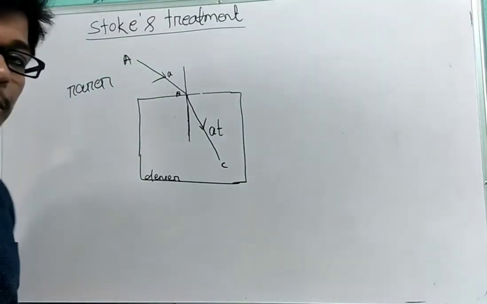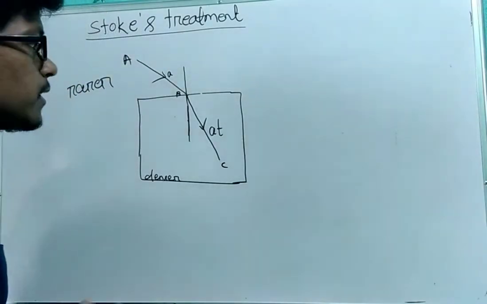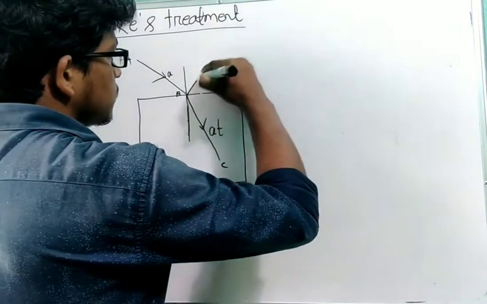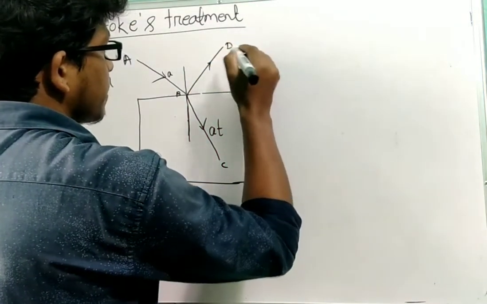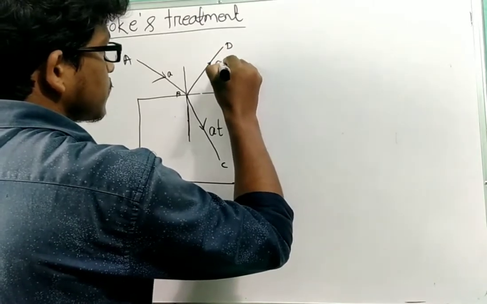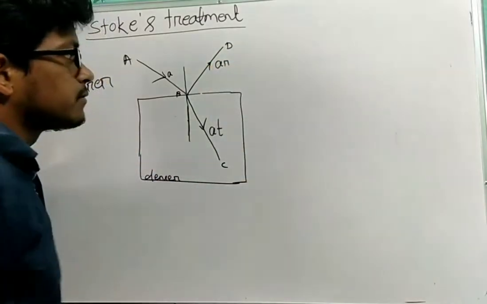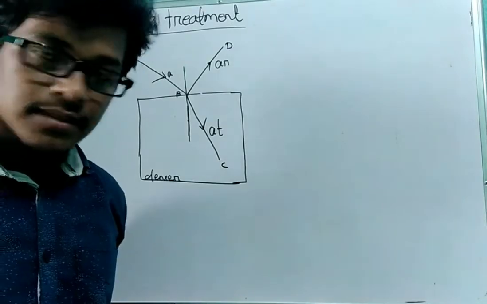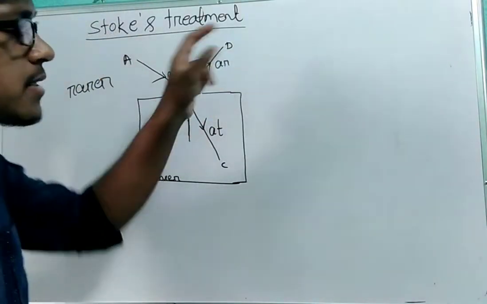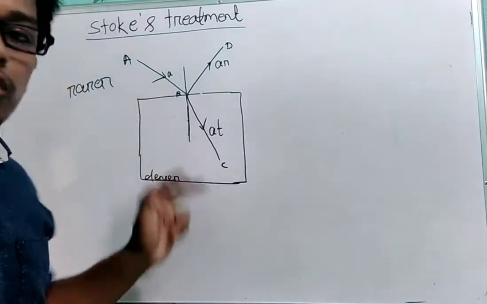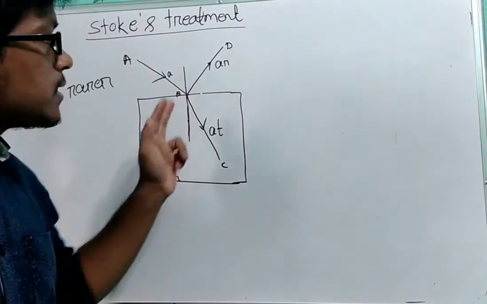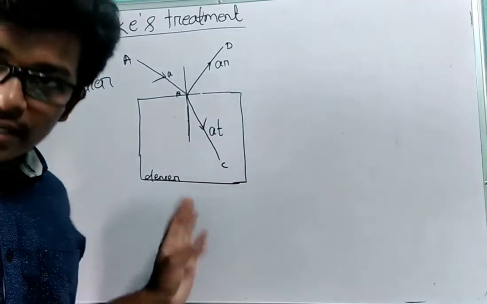Some part of the light is also getting reflected, let's consider that as R. R is a fraction of the original light A: some amount is reflected, some amount is transmitted.